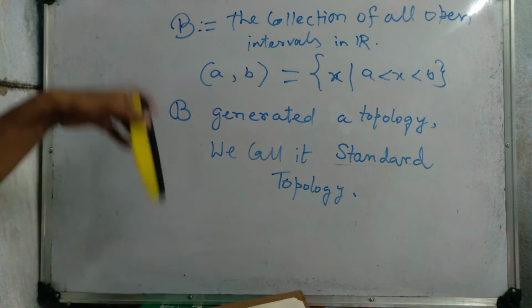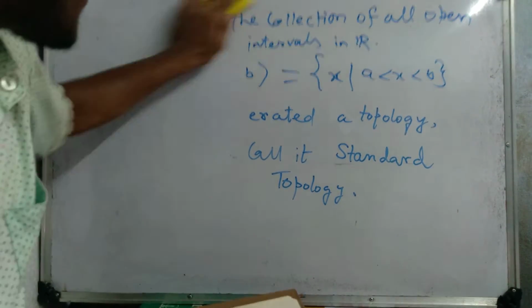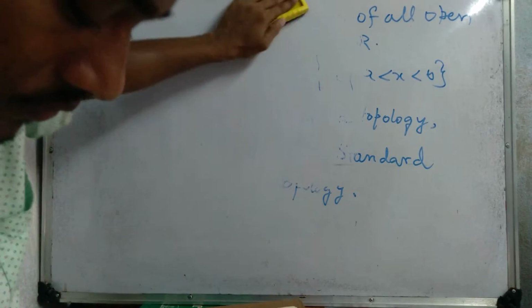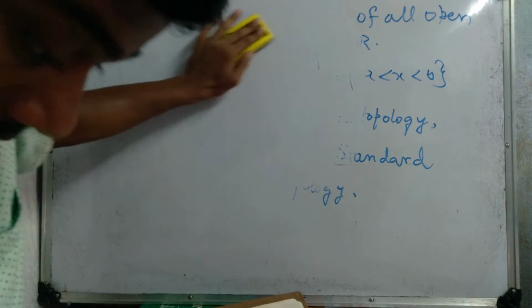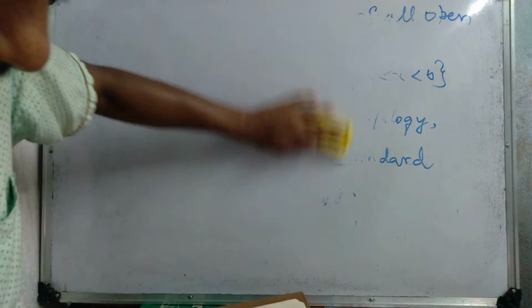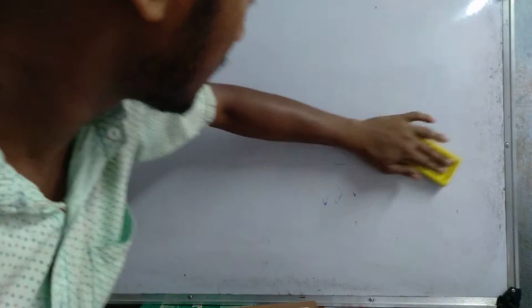Next we think about another collection of sets, the half open intervals of R. This one we denote beta dash.